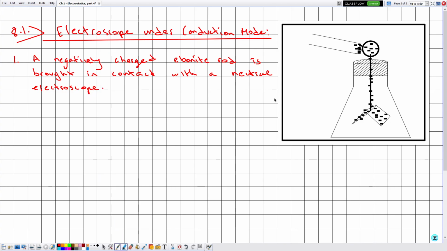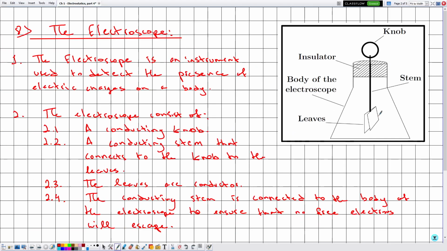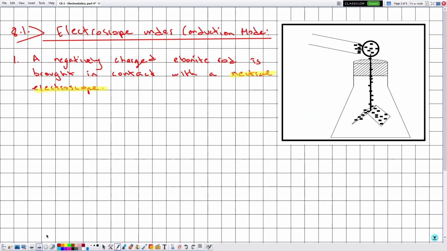And this is an important thing that I have mentioned here: this is a neutral electroscope. So how do you know that this is neutral? The leaves of the electroscope must look something like this. Okay, they are close to each other.